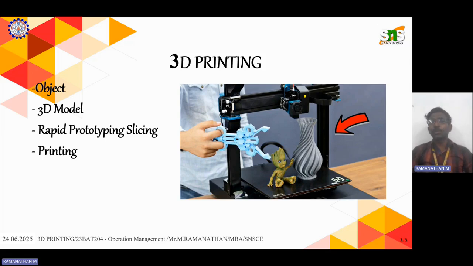Next is rapid prototyping slicing. Within half an hour or 20 minutes, the object will be created in this 3D printing.